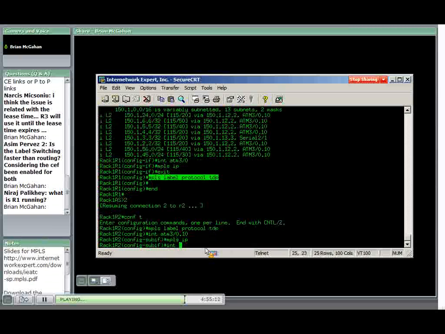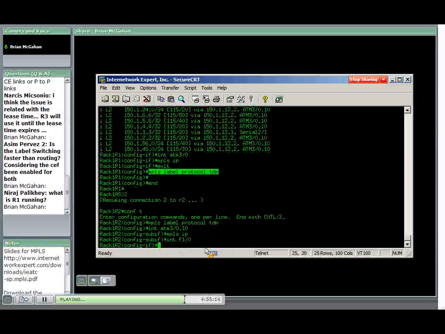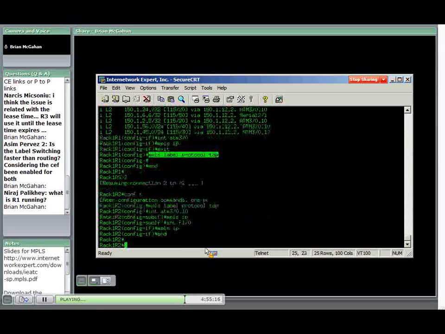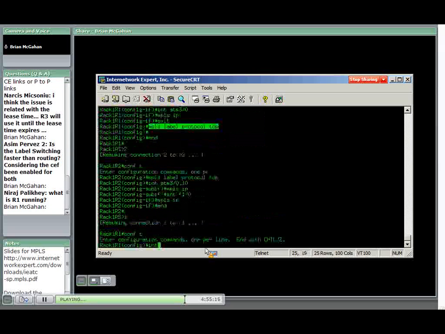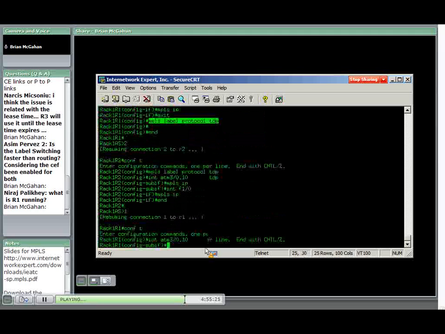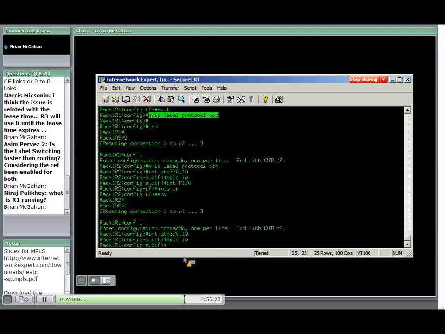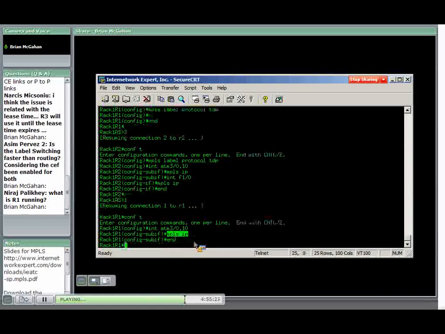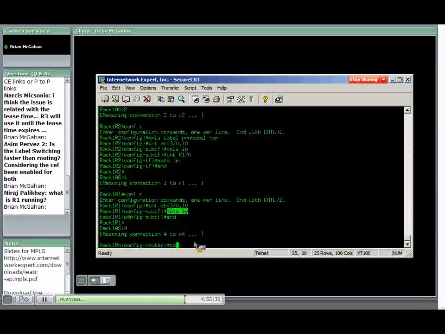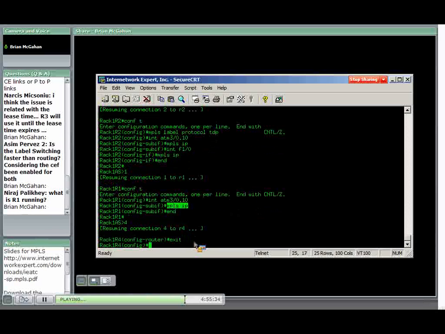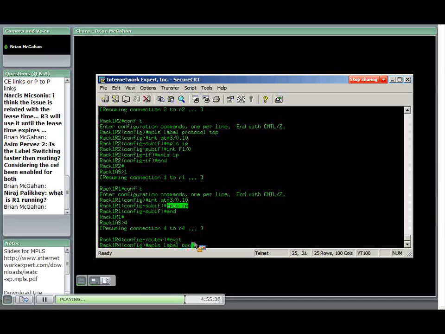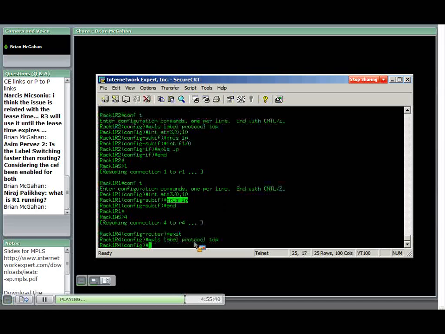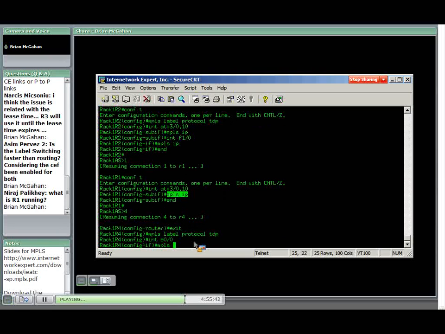Okay, so let's go ahead and enable LDP everywhere in the path, and then we'll take a look at what happens with the label to IP version 4 mapping. Okay, so on router 1, we have the ATM link over to router 2, so we'll say MPLS IP.